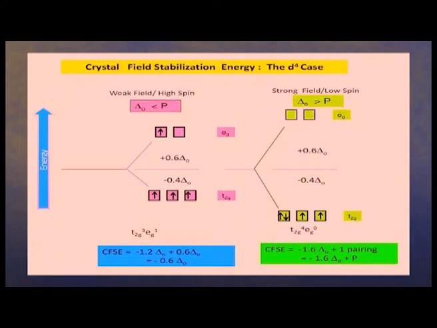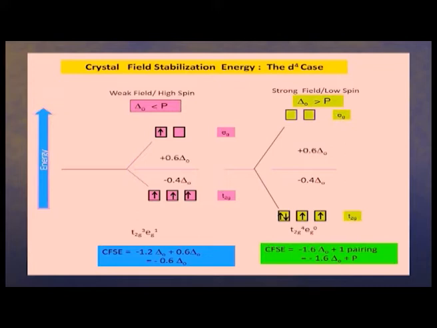This will generate a low spin complex. Similarly, if delta O is smaller than P, then the system will prefer to occupy one of the eg orbitals rather than pair an orbital of the t2g set. This creates the formation of a high spin complex.